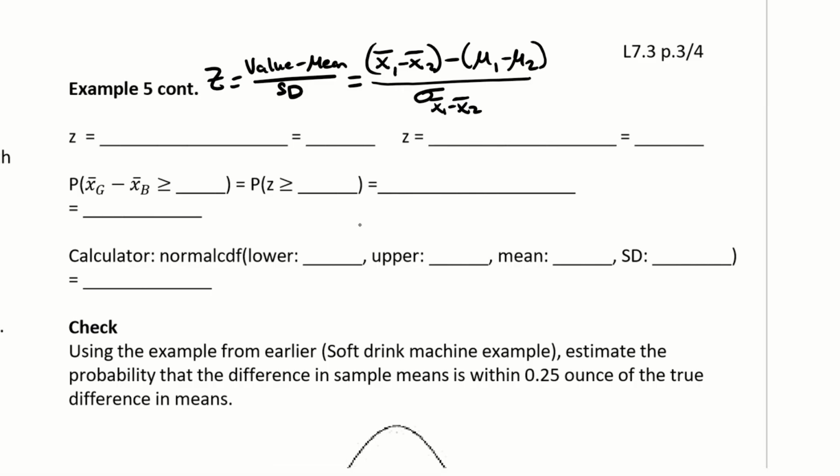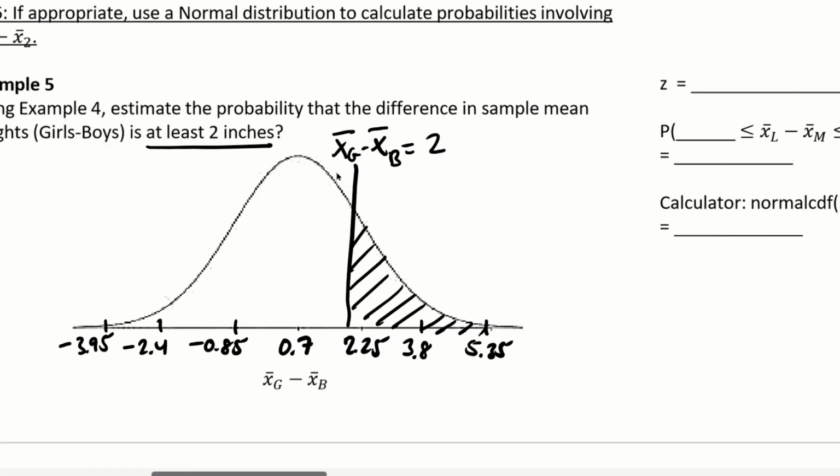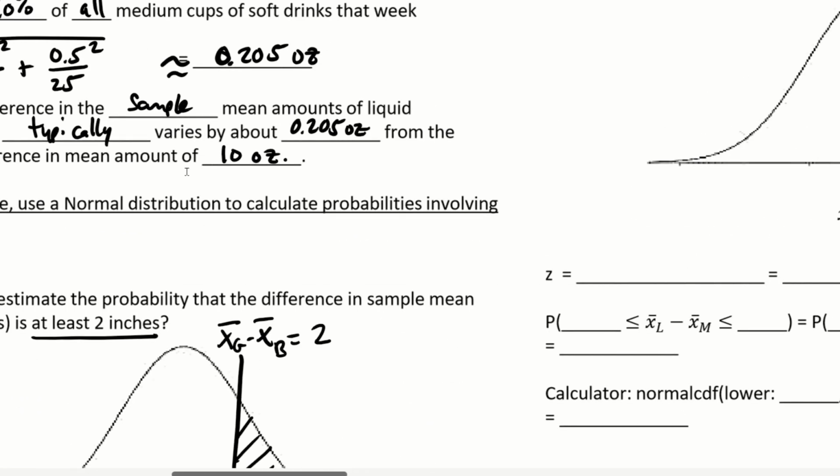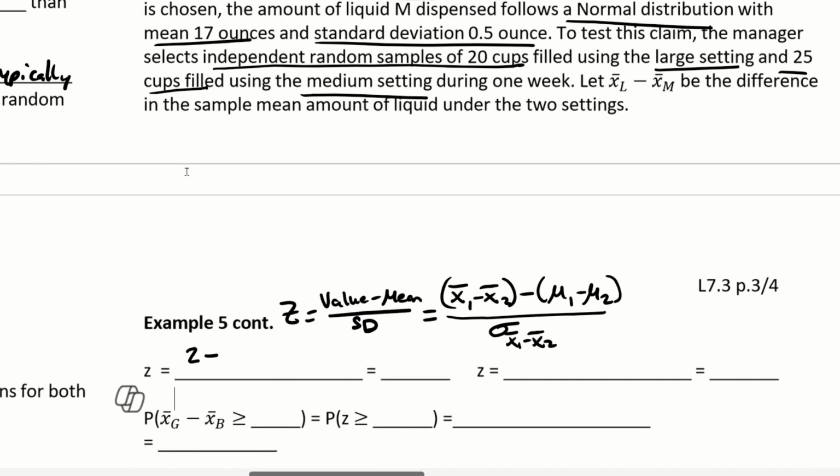Now, what is x bar 1 minus x bar 2? That's the x bar girl minus x bar boy, which we established was 2 in our graph. It has to be at least 2. And the mean, we've established from the previous example, was 0.7. We calculated it right here.